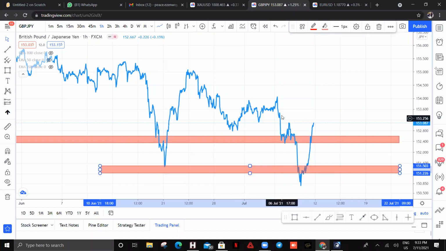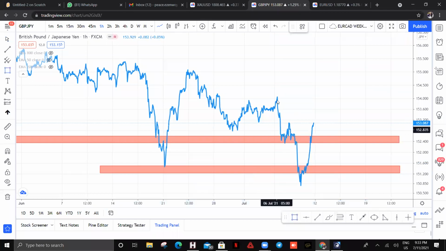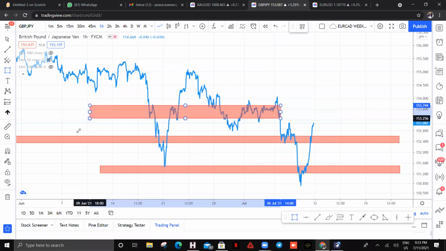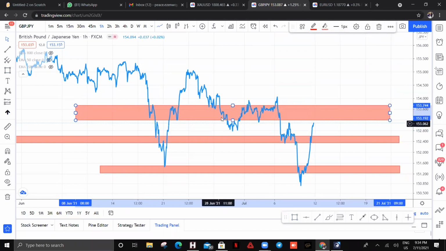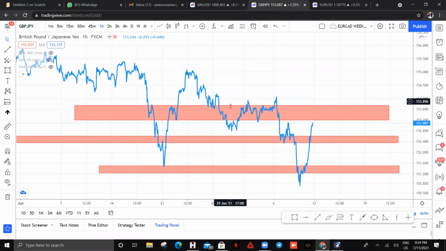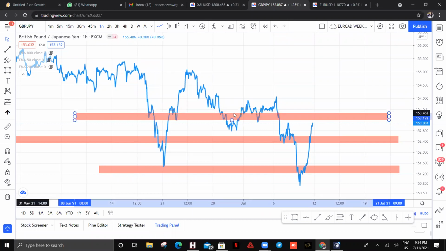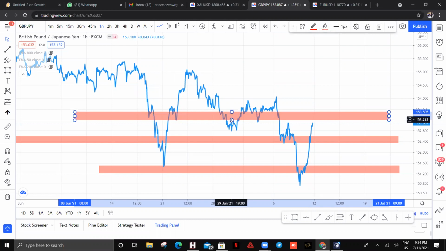There's another pullback somewhere here. Sure everyone is following.